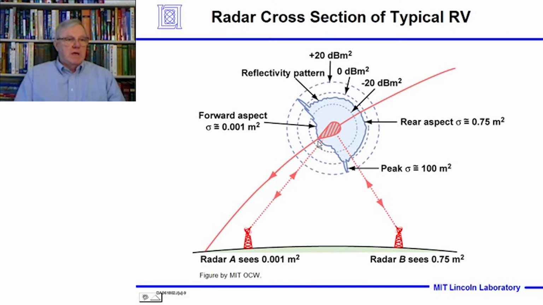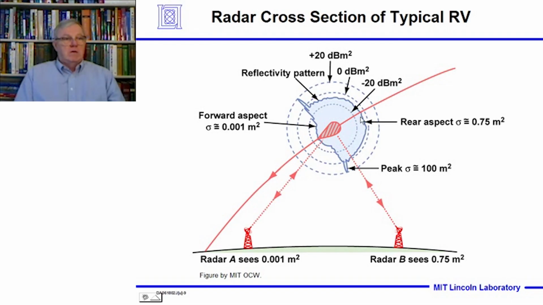And then as you go out an angle, and you look at this side region here, this specular region is huge. There's a peak that's 100 meters squared when the angle is such that you're looking perpendicular at the specular region. If you're looking back at the rear aspect, you're going to see the cross-section of a hemisphere, and at rear aspect it's 0.75 meters squared.